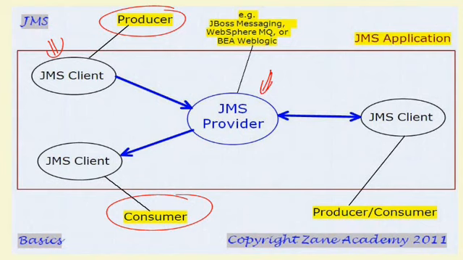And a JMS provider is essentially a messaging system like JBoss Messaging, WebSphere MQ, or BEA WebLogic. Another thing to mention is that a JMS client can be both a producer and a consumer, since a Java application can send messages and also receive messages. So it can subscribe to topics to receive messages from those topics, and it can also publish to other topics.